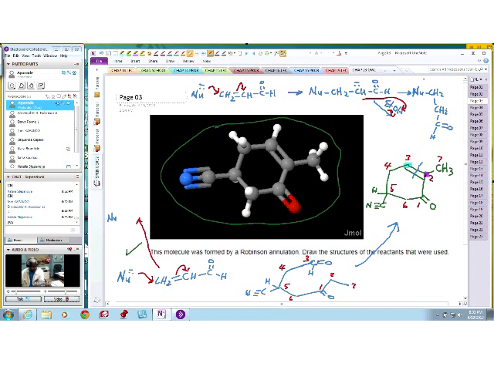Yes. Okay. Now, on the other hand, take a look at this molecule here. Keep in mind you have to form a new carbon-carbon bond. Supposing we generate an enolate anion on this carbon right here, carbon number 6.